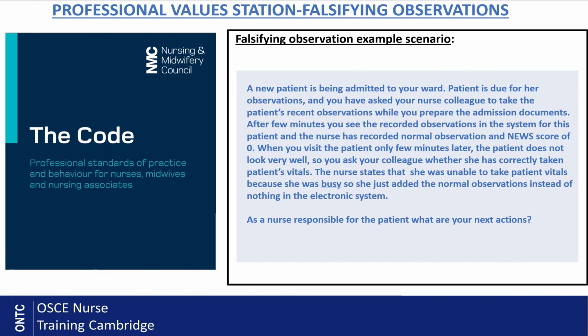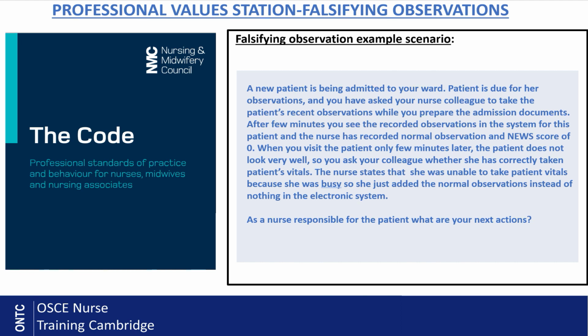Then after a few minutes, you finish your admission paperwork and you are ready to admit your patient, so you go to your patient, but your patient does not look very well at all. So you ask your colleague if they took the vitals correctly, and your colleague tells you that she was unable to take the vitals because she was busy, so she just added a normal set of observations into the system.